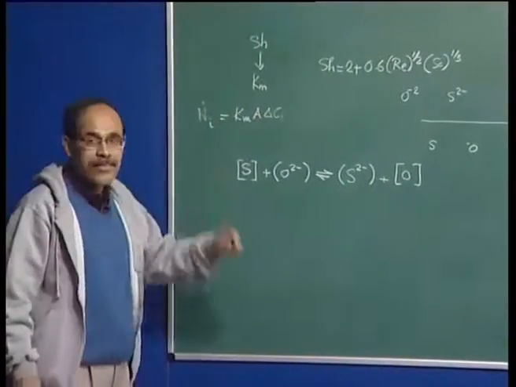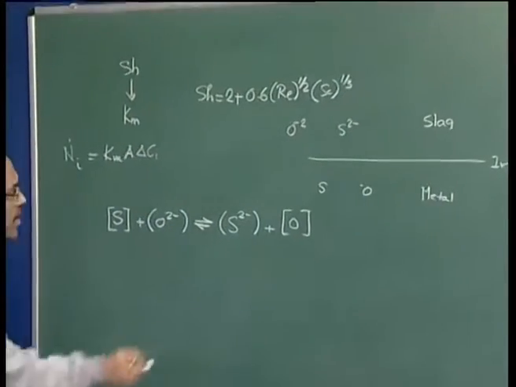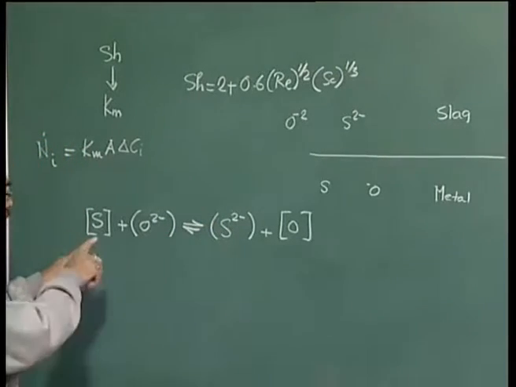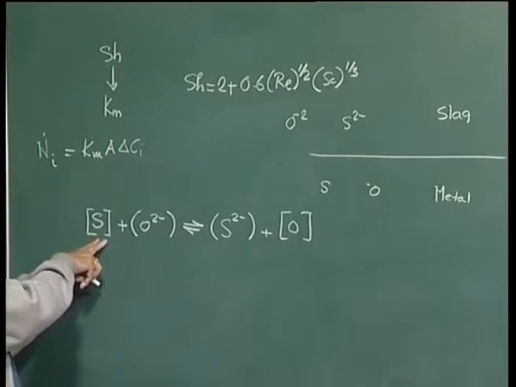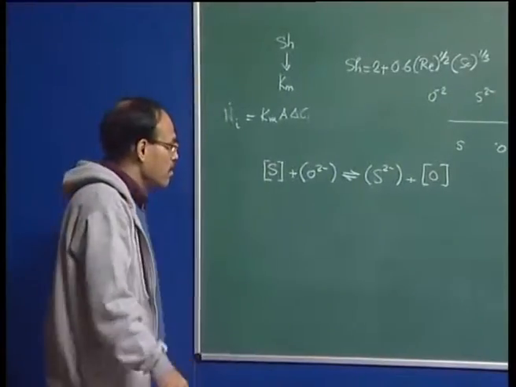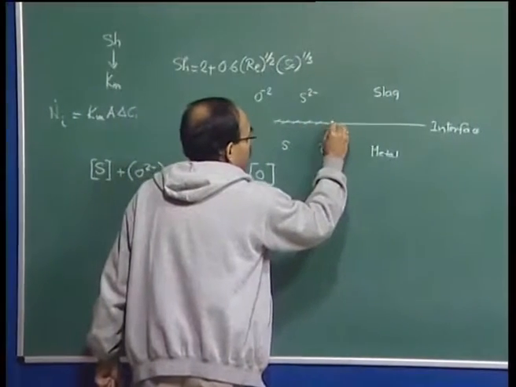So, this is the chemical reaction. And now, if you look at it, this reaction essentially implies that this is phase 1 metal, this is phase 2. So, it is a heterogeneous chemical reaction, and this heterogeneous chemical reaction takes place at the phase boundaries.